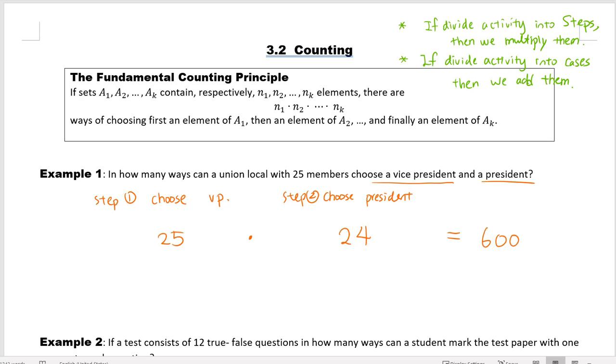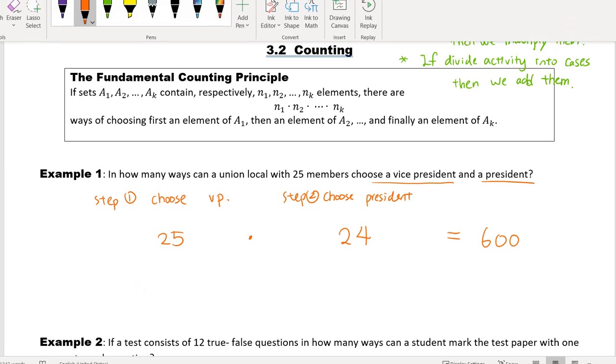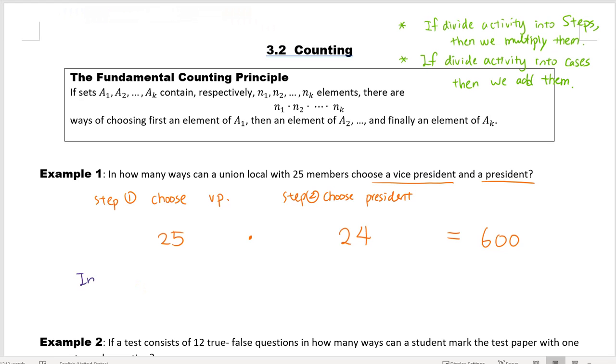Okay? If we can divide an activity into cases, for example, let's say in a bookshelf, in my personal library, we have 50 math books, 20 chemistry books, and maybe 17 physics books.